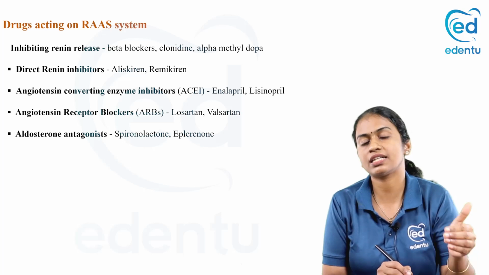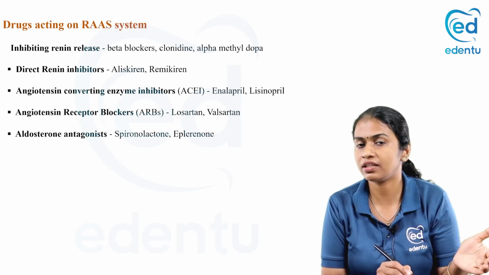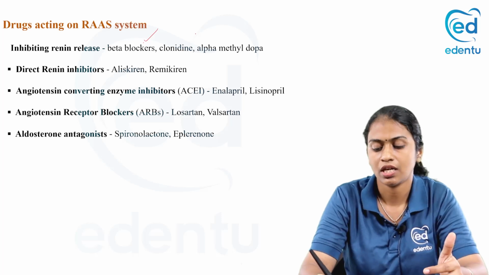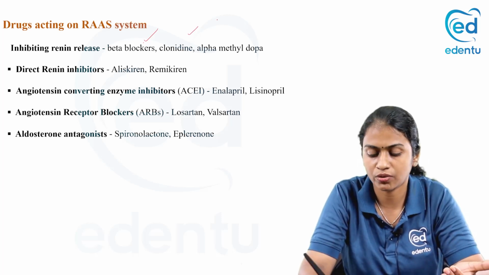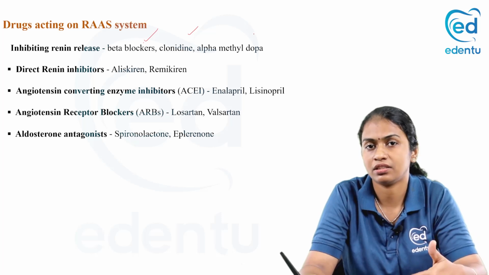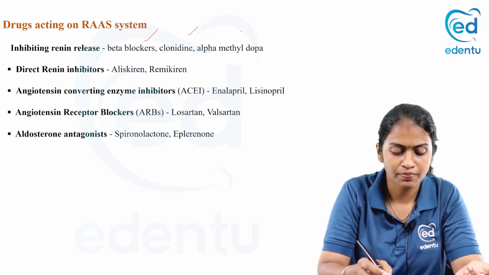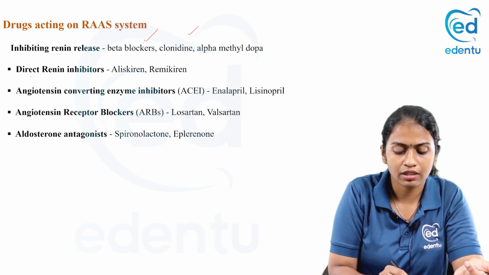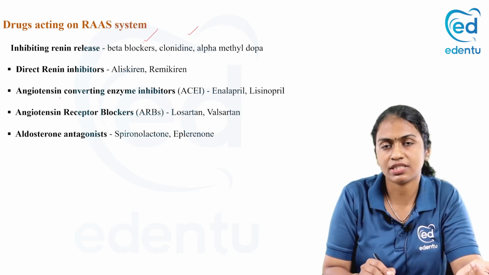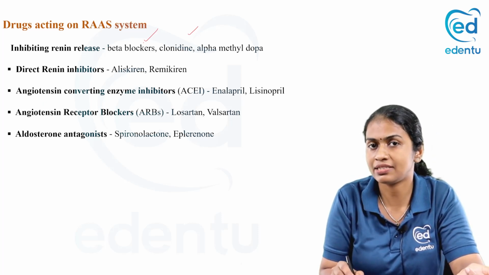Which are the drugs that act on the RAAS system? We have seen earlier. Drugs which inhibit the renin release, we have beta blockers, sympatholytic agents like clonidine, alpha methyldopa, which are central sympatholytic agents. Then we have direct renin inhibitors like aliskiren, remikiren, angiotensin converting enzyme inhibitors or ACE inhibitors.